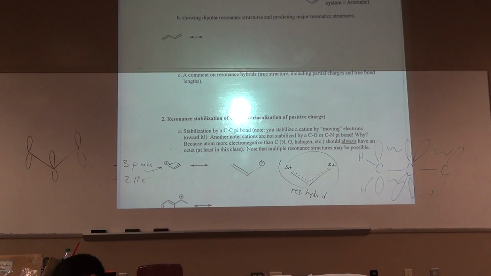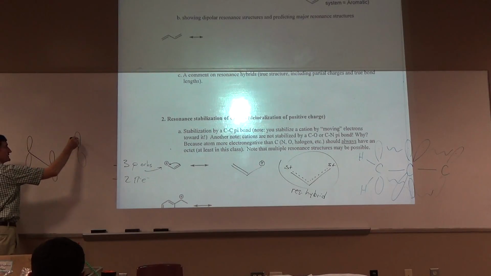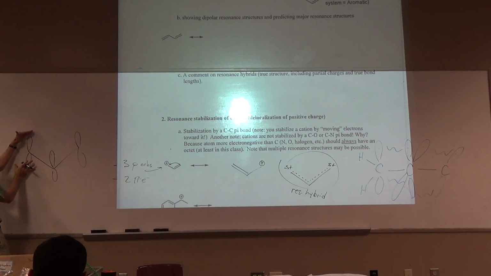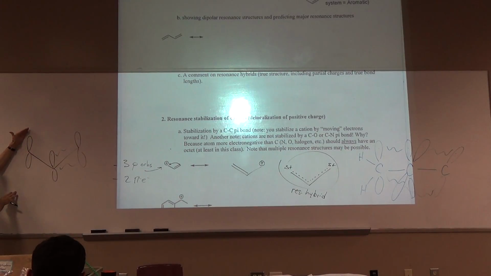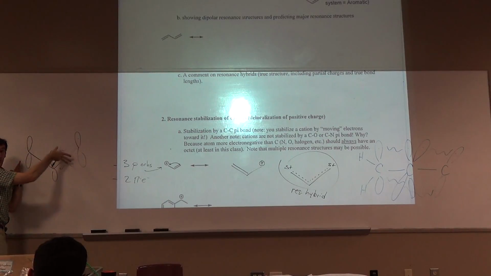And that's actually what the true structure more accurately looks like, if we could actually see it. That is, the electrons are not just sitting here and here and this empty. Because this is empty, some of this electron, like the water in the garden hose, flows this way too.